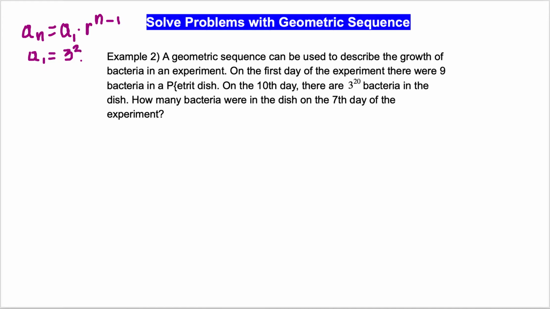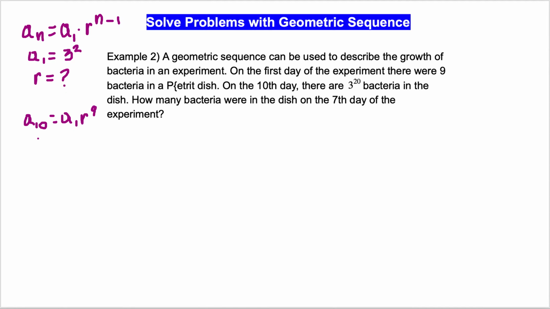I want to use it this way because I know I have to work with base 3, since I have 3^20. Now R, we don't know the common ratio because it is not given, and we don't have enough elements to determine R yet. So A sub 10, the 10th day, in general form is A sub 1 times R; if n is 10, 10 minus 1 is 9, so R is to the power 9.